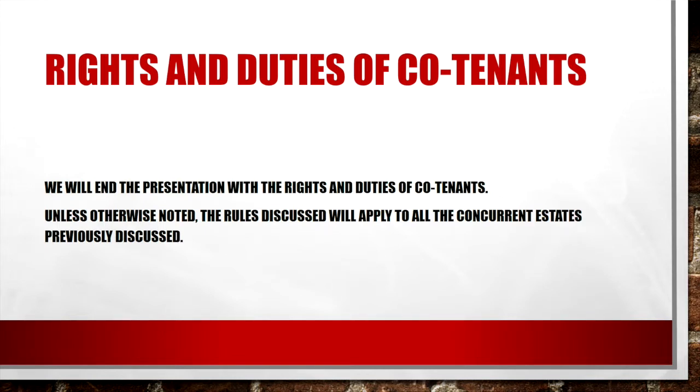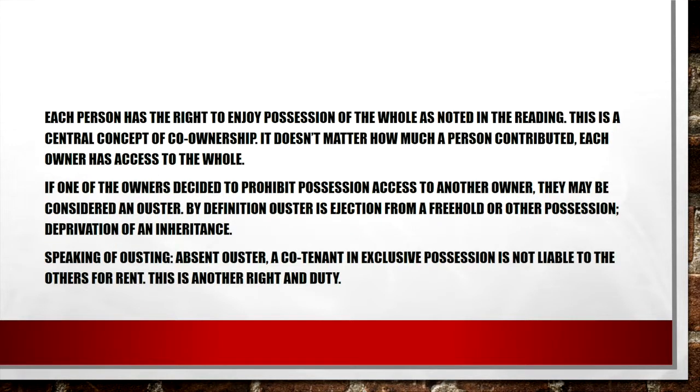There are also rights and duties for co-tenants. Unless otherwise noted, the rules discussed will apply to all concurrent estates previously discussed. Each person has the right to enjoy possession of the whole, as noted in the reading. This is a central concept of co-ownership. It doesn't matter how much a person contributed, each owner has access to the whole.